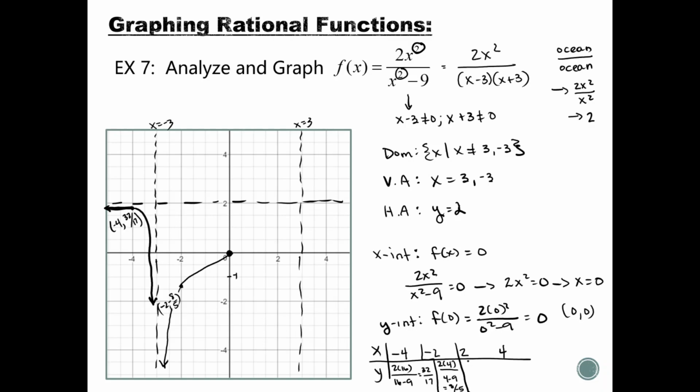And now let's plug in a +2. Well, a +2 is actually going to do the same thing. So it's going to be about right here. So it's going to connect to this 0 and then come towards the asymptote.